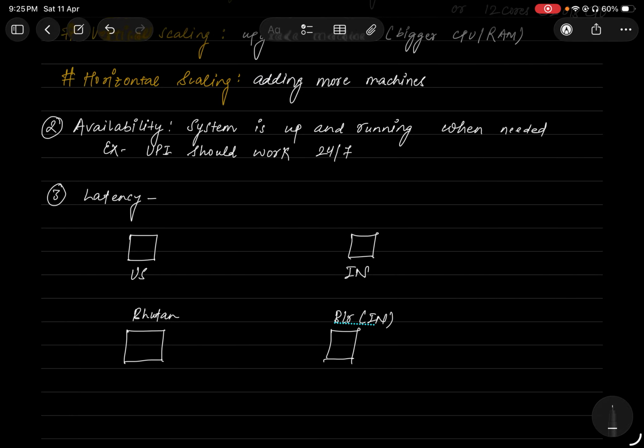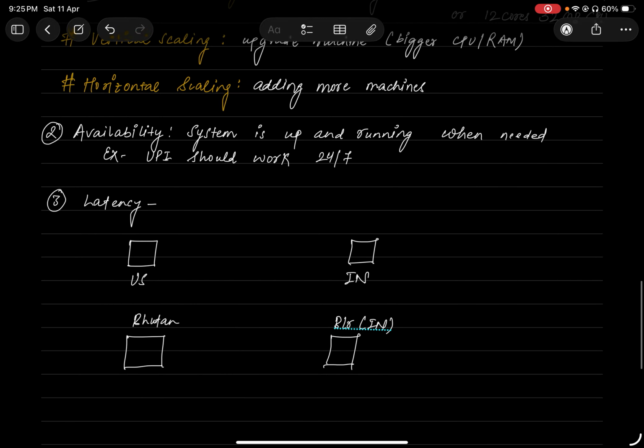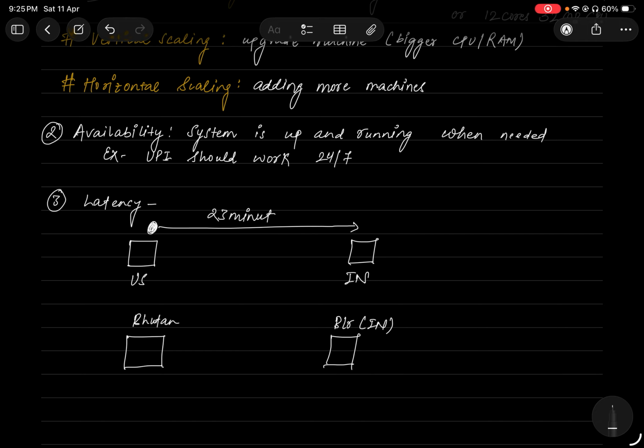Basically it's delivering some packages. US is delivering some packages to India. It takes 23 minutes. Just taking an example, it's not actual data.